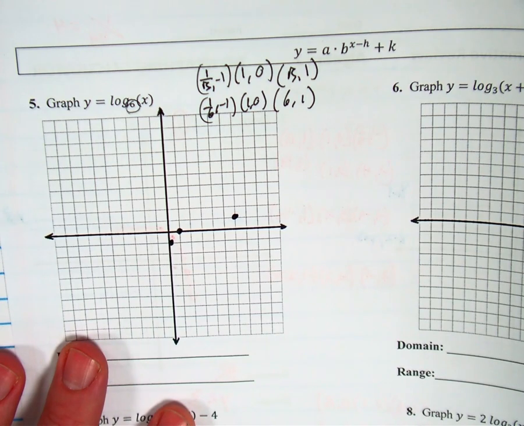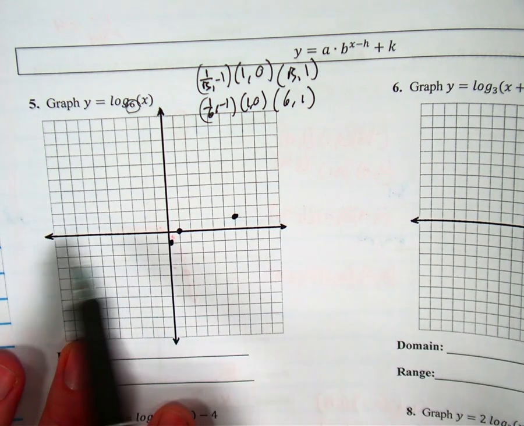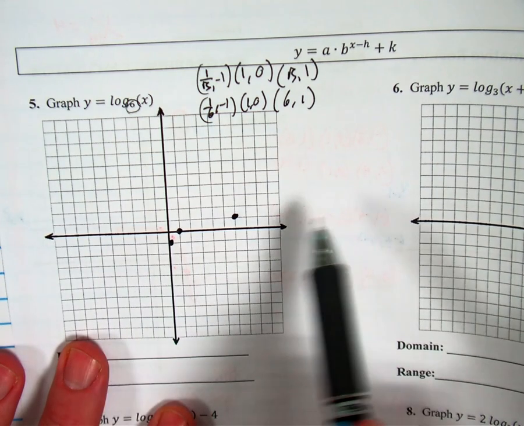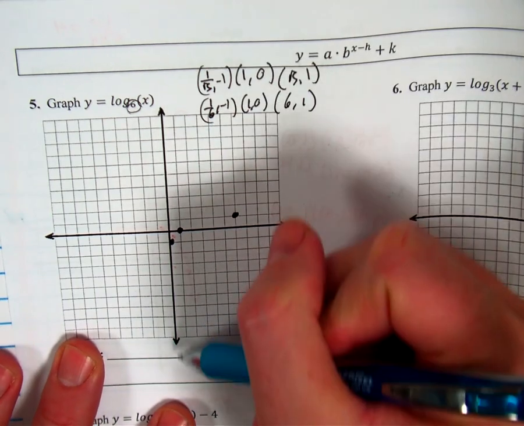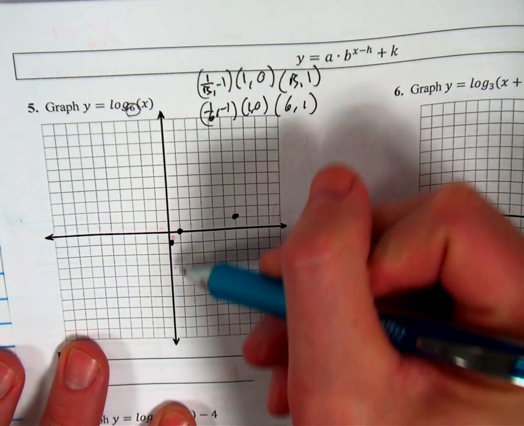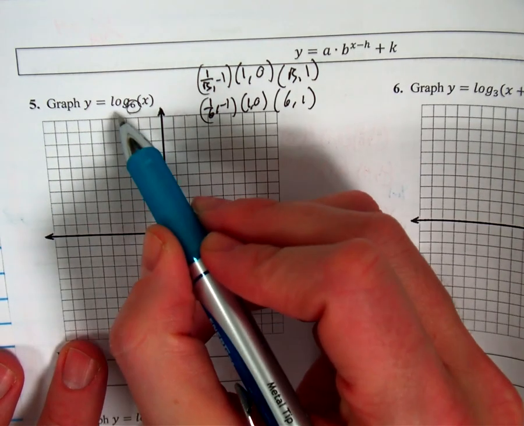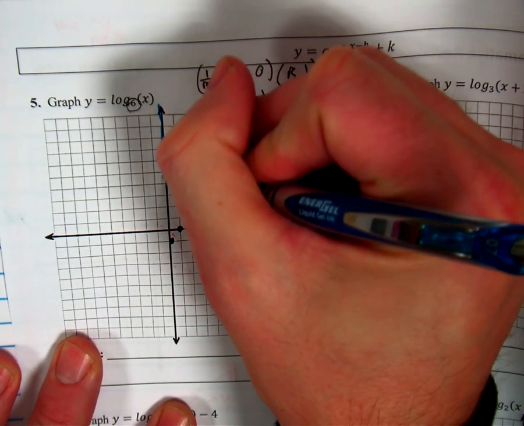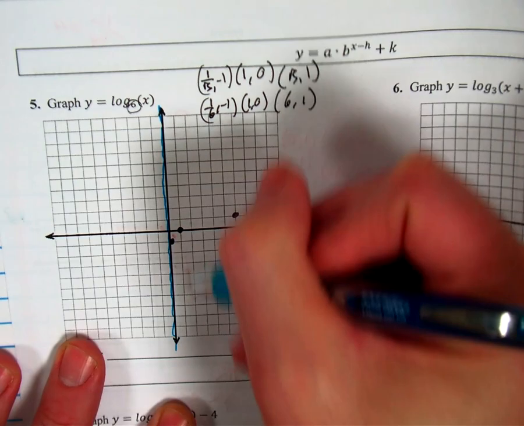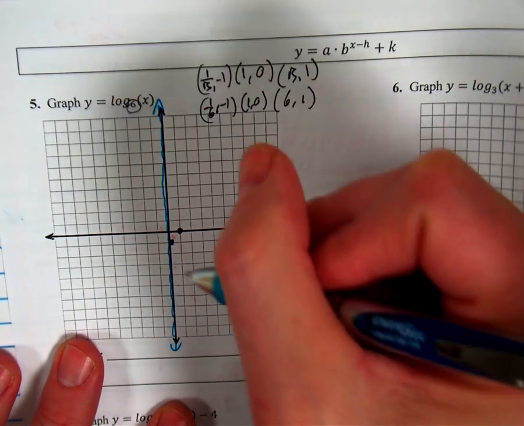Also part of the inverse process is exponentials had horizontal asymptotes. Logs have verticals. And to help remind you of that, logs are from trees. Trees grow up and down. Logs have vertical asymptotes.